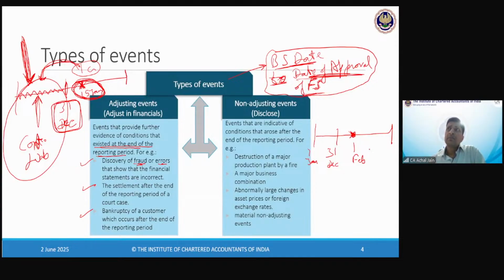So if the plant is destroyed, assets, machines, various assets which will be there, you will have to write off, or you will have to create a provision for all of those assets or not. Tell me, will that be required to be done? What do you think? Over to you.